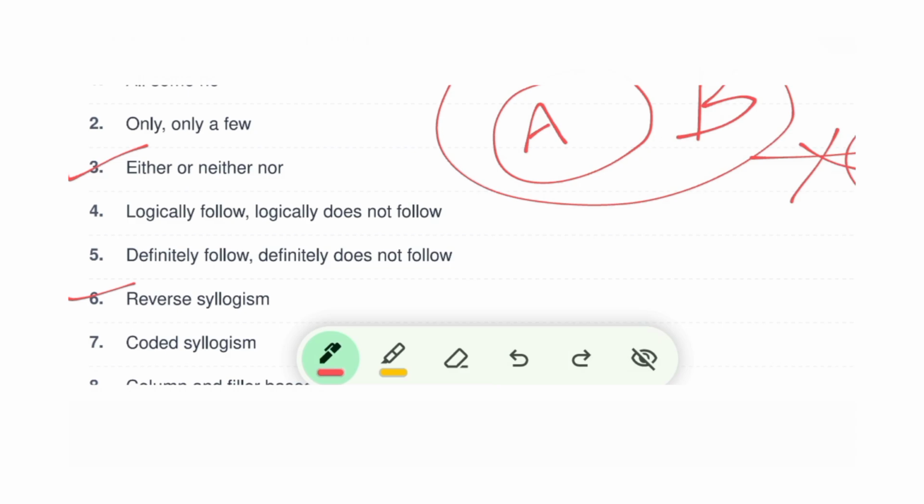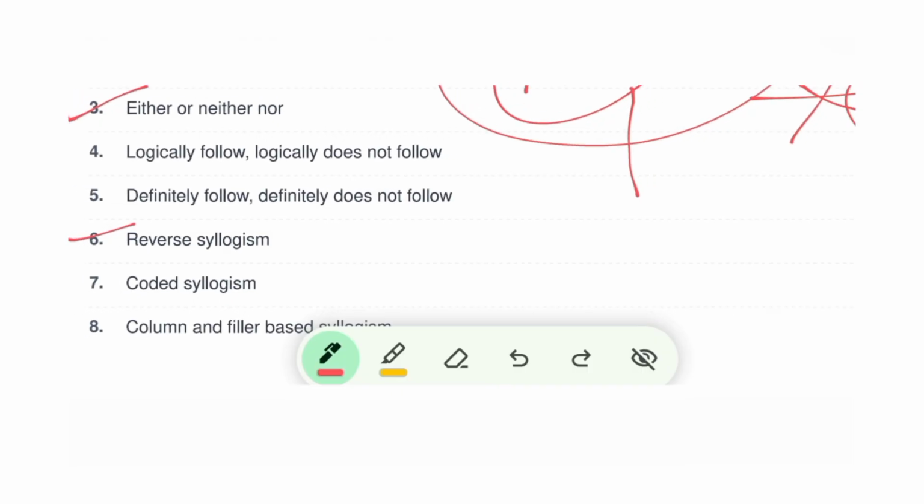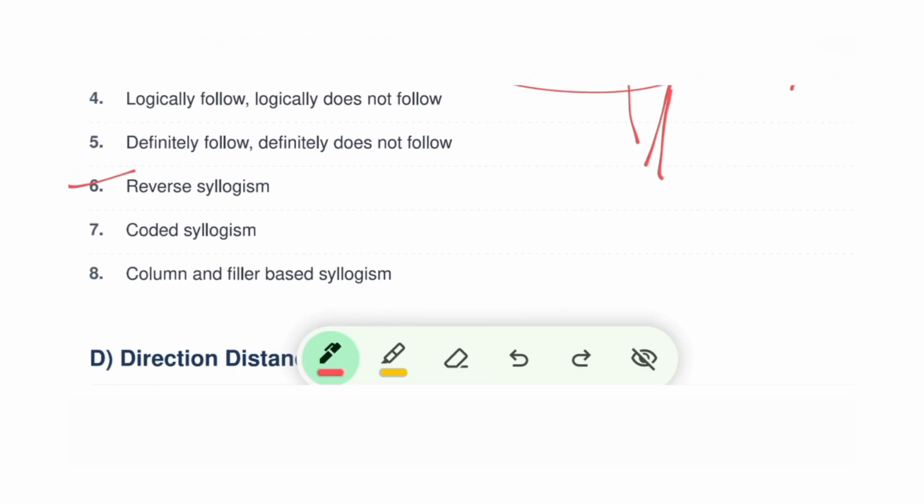Then you have to draw all the statements and tell what conclusion follows based on them. It's lengthy, basically asked in mains. Then next is coded syllogism, and the last one is column and filler based. So you have to solve all these types.